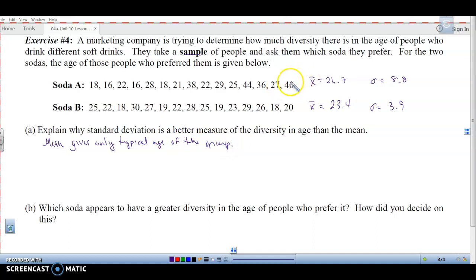So the typical age of this first group is 26.7. But does that say how spread out it is? No. Notice that we have a high age of 44 and we've got a low age of 16, but the mean doesn't tell how spread out the data is.